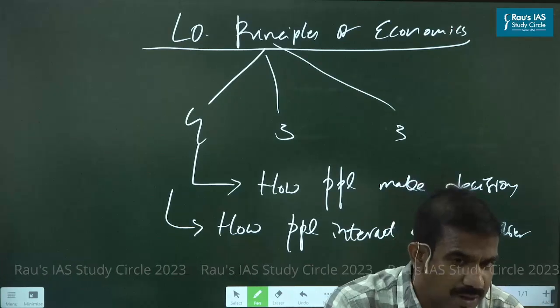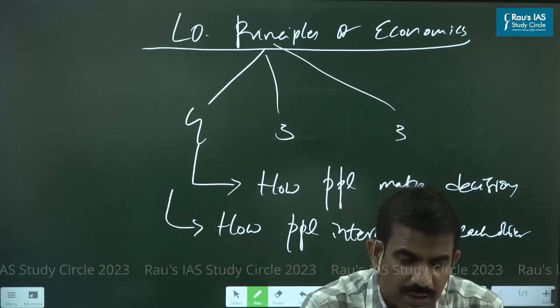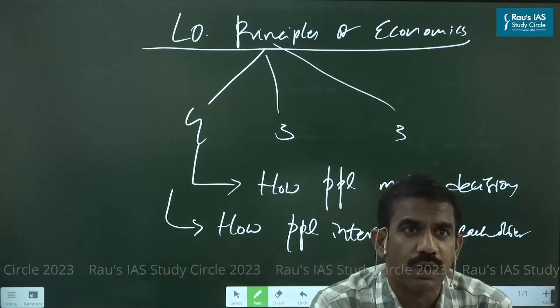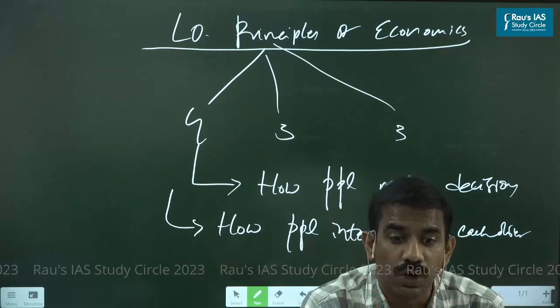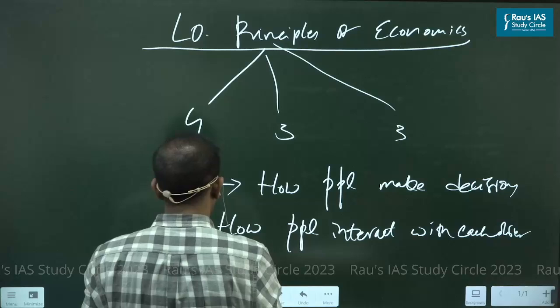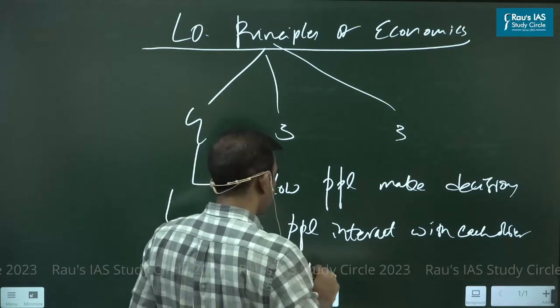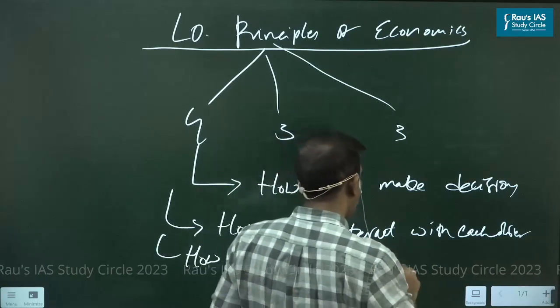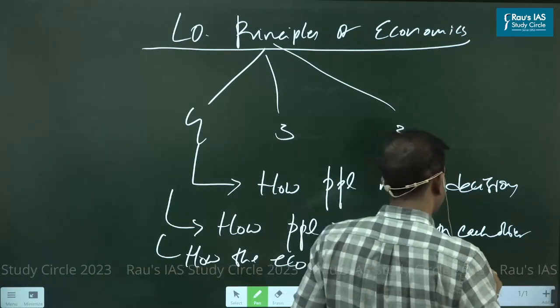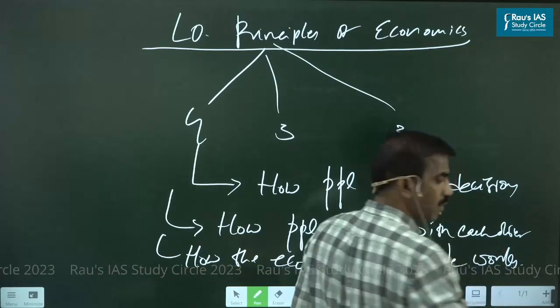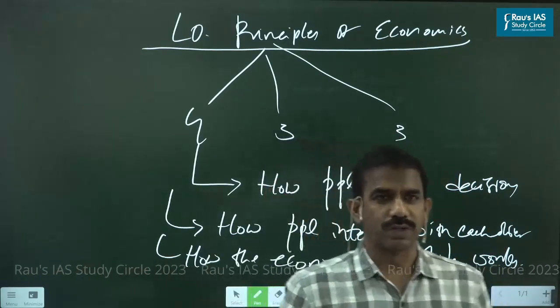Because my decision making and my interaction with others, all put together, would help in understanding how the economy as a whole works. So the third set of principles helps in understanding how the overall economy works.